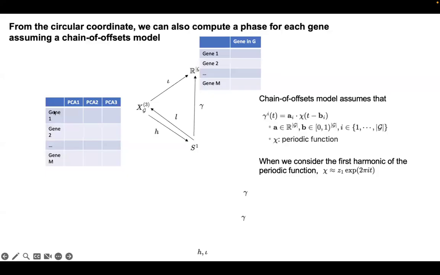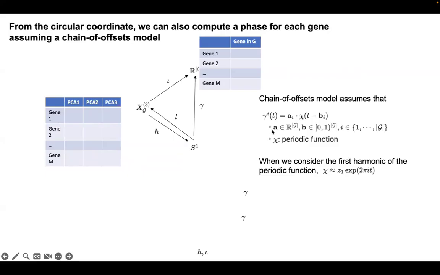Also, consider the embedding to the gene space: cell 1 goes to cell 1, not the PCA vector, but the original gene vector. So this is the map of this embedding. Suppose we have a loop; with this embedding, we get a loop in the gene space. The chain of offset model assumes that this loop should have a form like this.